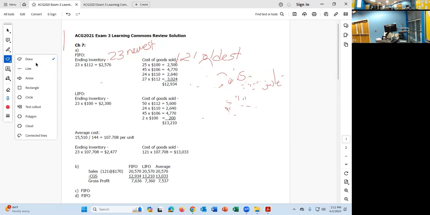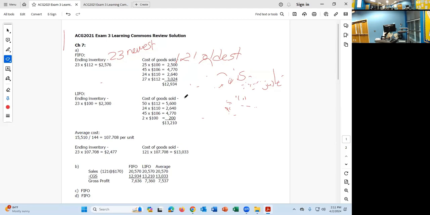And under LIFO, the cost of goods sold, again, is still 121 items, but my cost of goods sold is made up of the 121 newest items in inventory.